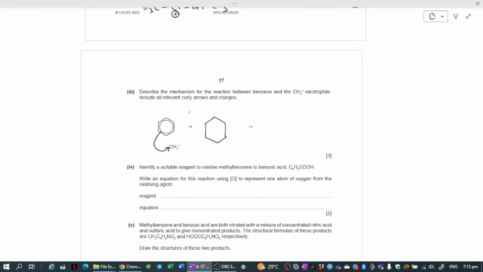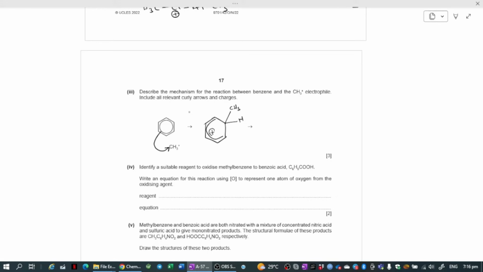Now you could attach the CH3 at any position. I'll choose to attach it here, and you also have H. And this carbon that contains CH3 and H is now an sp3 hybridized carbon. The other carbons in the benzene ring retain their sp2 hybridization. So the positive charge is actually spread away from this sp3 carbon.